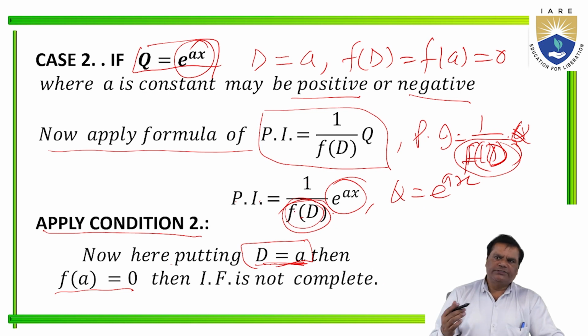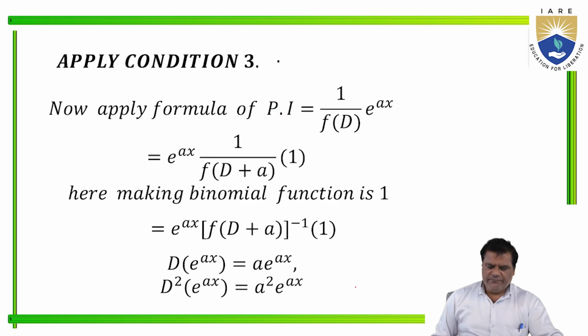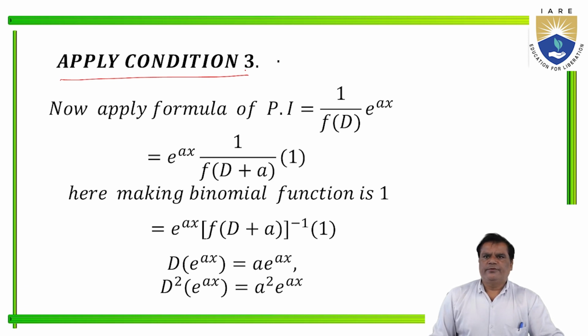Then the process changes, because the particular integral is not complete. So now what happens next? Again apply condition 3: if f(D) is 0, then the next condition applies.